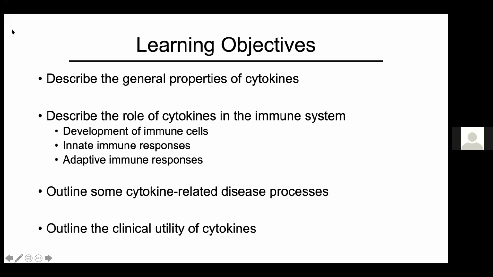We'll talk about what cytokines do in the innate immune responses and also in the adaptive immune responses. We'll also outline some cytokine-related disease processes and then outline the clinical utility of cytokines. Those ones we'll just mention briefly. We'll probably talk more about this when you're in year 4.